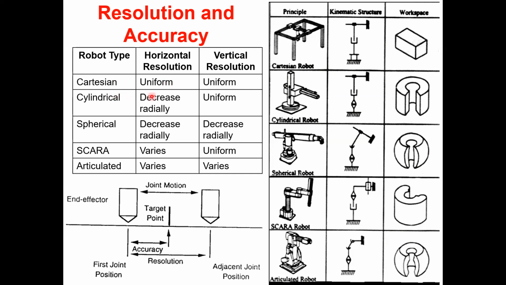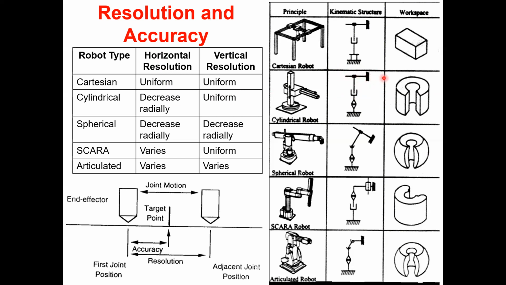Cylindrical, your horizontal resolution decreases rapidly, whereas the vertical resolution will not change. If you look at the cylindrical one, the horizontal resolution, you are rotating something like that. If the radius is small, you have higher resolution.